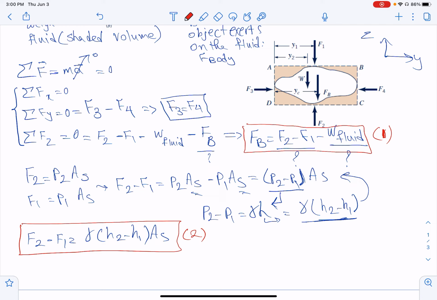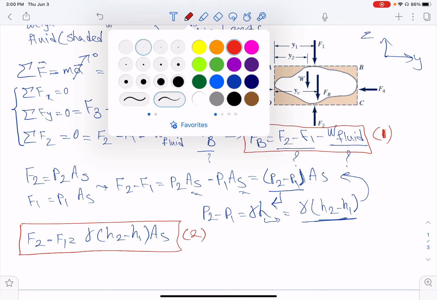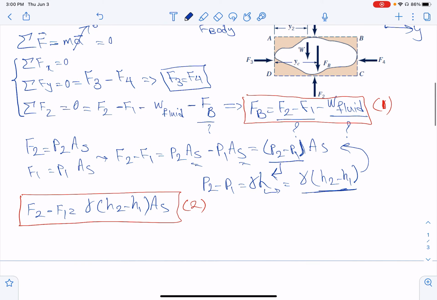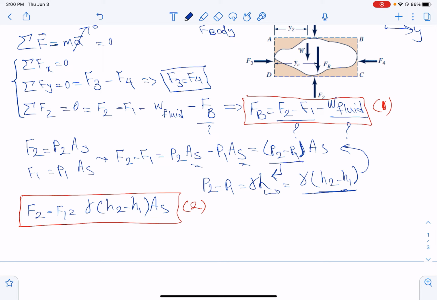Okay. And now we need to know what is the weight of the fluid, right? So the weight of the fluid means we need to know the m of the fluid of that shaded part times g, right?